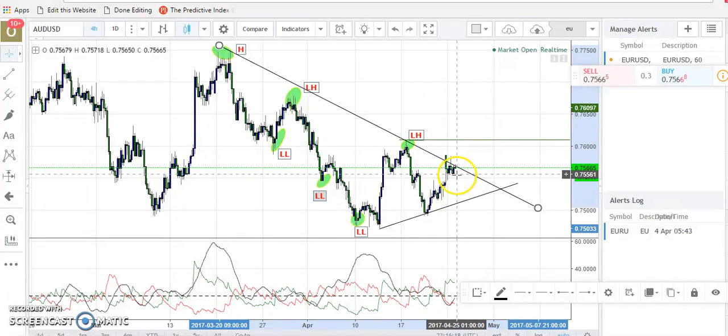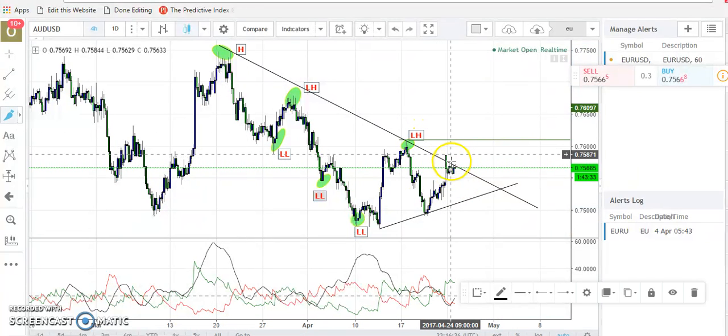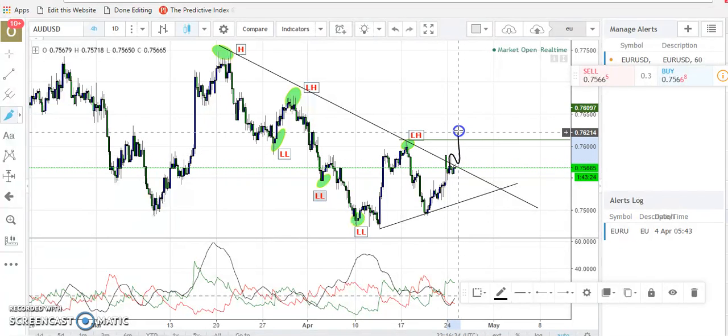Now I'm looking at whether it is going to break this trend line. If it breaks this trend line, I'll be looking for it to do a retest and then shoot back up. Once a candle closes over this line, that lets me know it's going to be a valid uptrend.